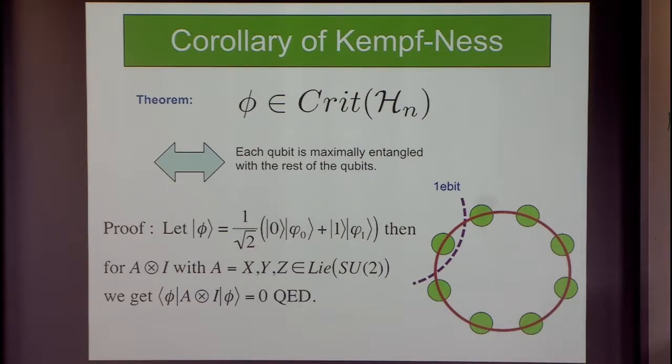If we're looking at the first qubit, to get the intuition, if it's maximally entangled, I can write it like that, where these are two orthogonal states, and then you can easily check that if you apply the three Pauli matrices on the first qubit and take the inner product between this and this state, you get 0. Maximally entangled is an extremely pathological condition.